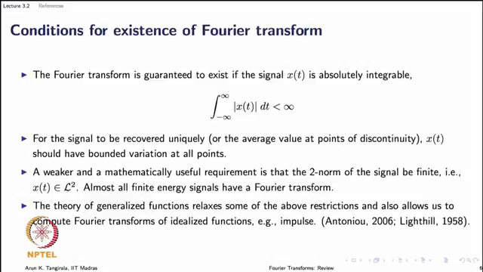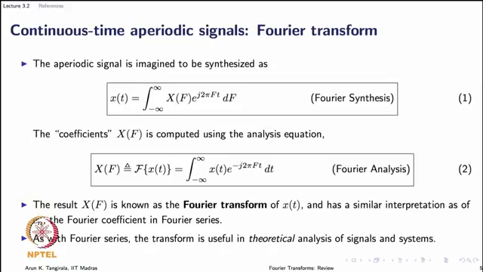Before we move on to the discussion on energy spectral density, it is useful to know the conditions for existence of the Fourier transform, because then that will tell us that we are dealing with energy signals. The main condition for the Fourier transform to exist is that x of t be absolutely integrable. When we say the Fourier transform should exist, looking at equation 2, I want x of f to be a bounded value, that is, the integral should yield me a bounded value.